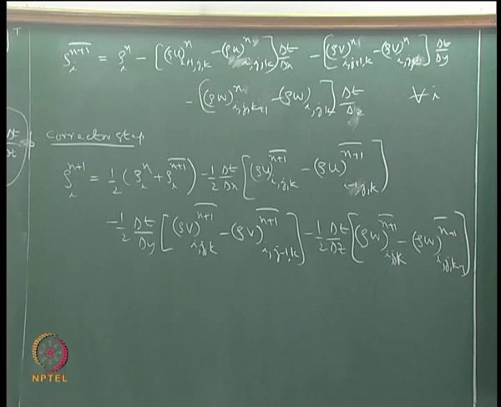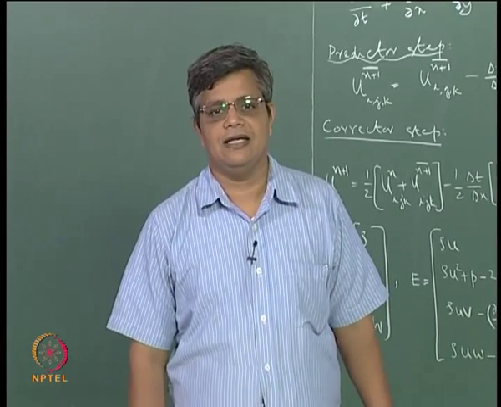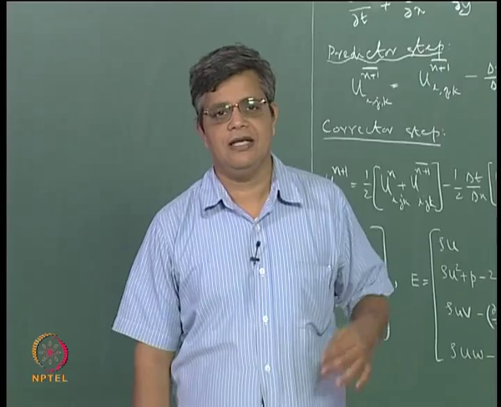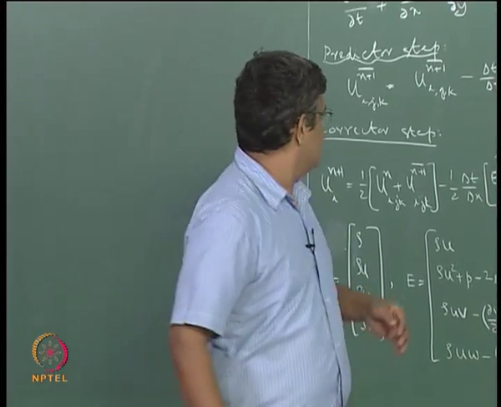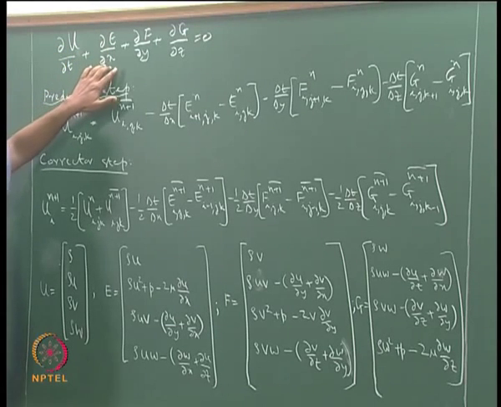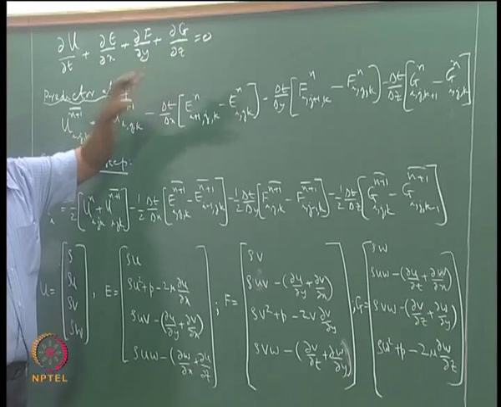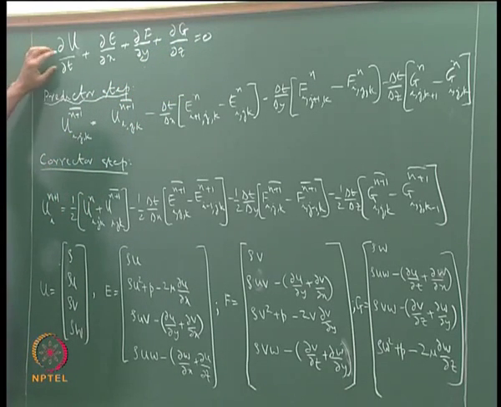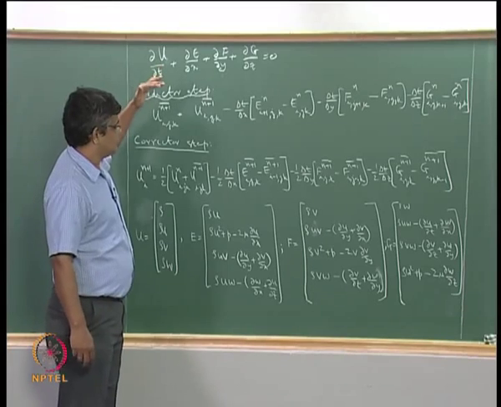Before we look at the discretization of each of the terms in E and F and all those things, let us take an overview of the method and then make a complete description of the method. We have written the governing equations, the Navier-Stokes equations, in the form of dU by dt plus dE by dx plus dF by dy plus dG by dz equal to 0, where U, E, F, G are column vectors containing 4 terms each.